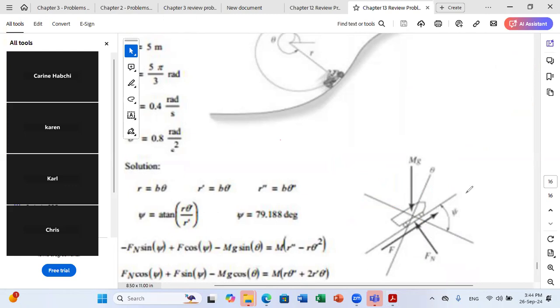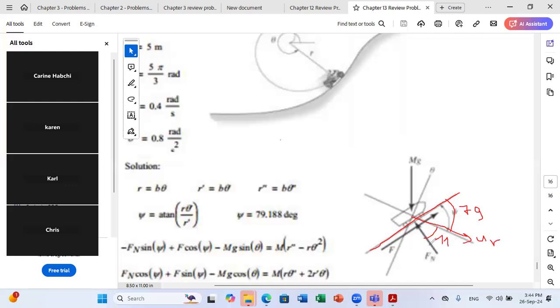This is my tangent line, and this is my UR. I know that it's making an angle of 79 degrees with my UR, 79.something, I will take it 79. So now the angle between my UR and my normal force is 90 minus 79, it's 11.